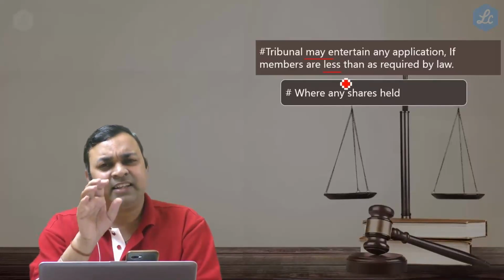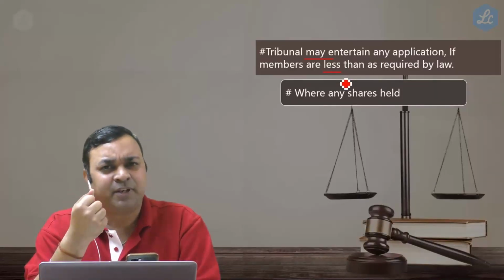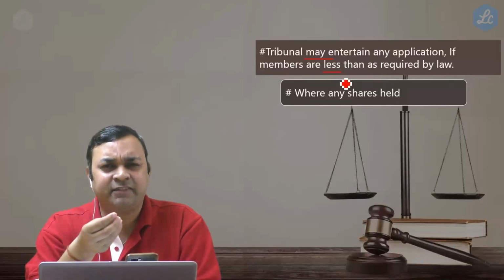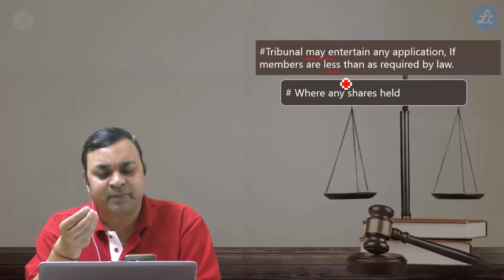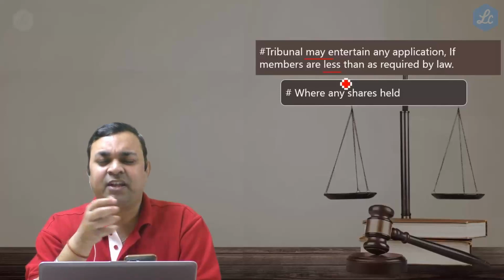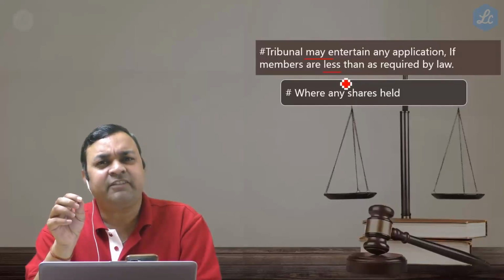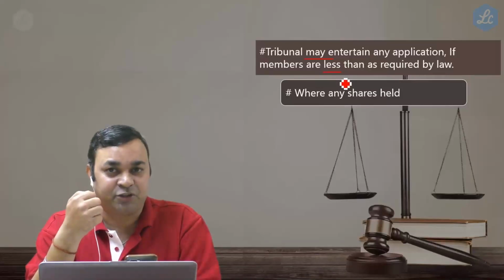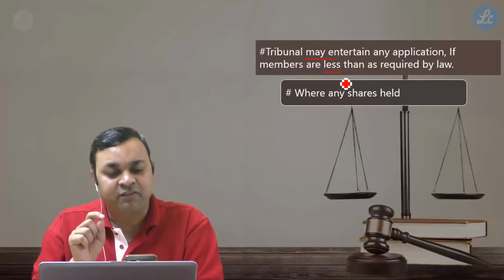So in the examination, if they ask a simple question like there are 1200 members and so on, and they mention that 99 members made an application to claim relief under section 241, now decide as per the relevant provisions of the Companies Act whether such members are eligible to make an application or not. What will we write in the answer?